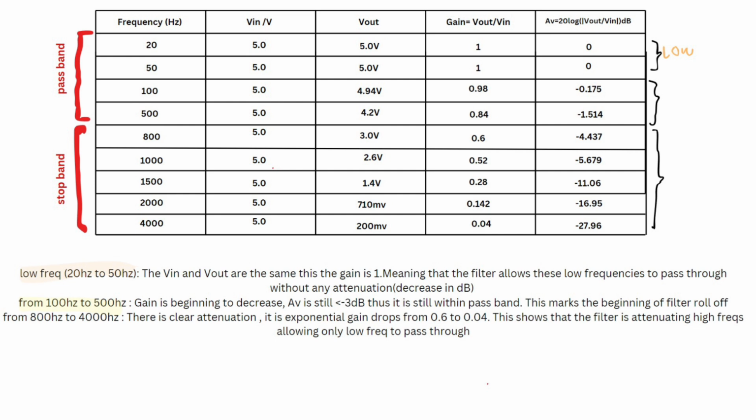Then from 800 hertz onwards, there's very clear attenuation. The gain drops exponentially from 0.6 to 0.04, showing that the high frequencies are attenuated, only allowing low frequencies to pass through.